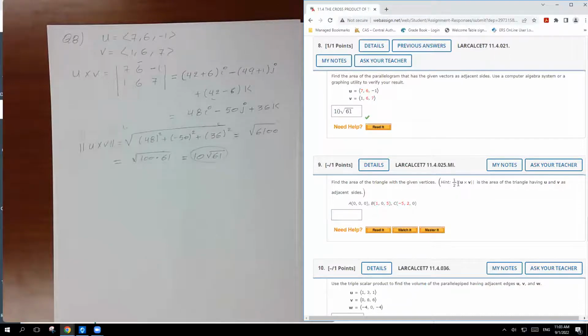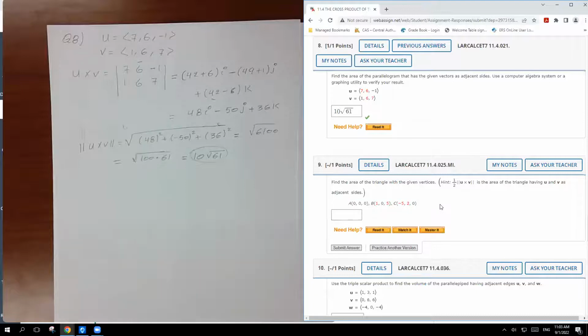When you find the length of the cross product, just multiply the result by half. It's going to be the area for the triangle. But first of all, we have to find 2 vectors from these points. When we multiply these 2 vectors, it's going to be the area for the parallelogram. Divide by half, it's going to be the area for the triangle.